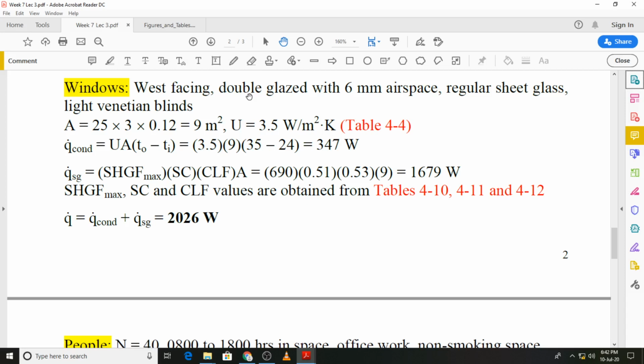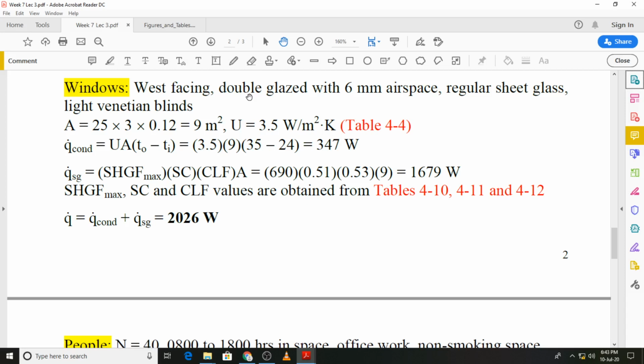You can see that the U value I've written as 3.5 watt per meter square Kelvin, and it is taken from table 4-4. So it was not given to us. We had to refer to table 4-4 and then obtain this value. Once we have got the value of U, then the conductive heat gain is fairly straightforward.